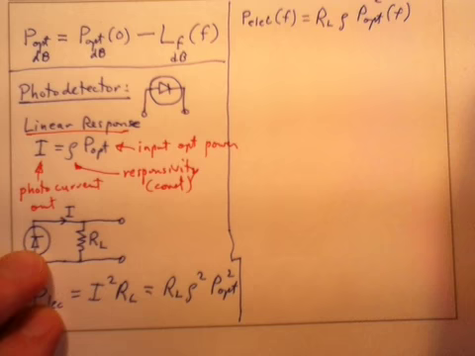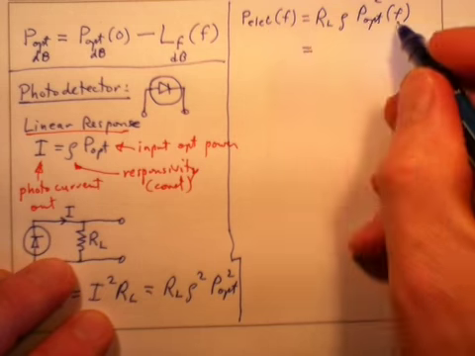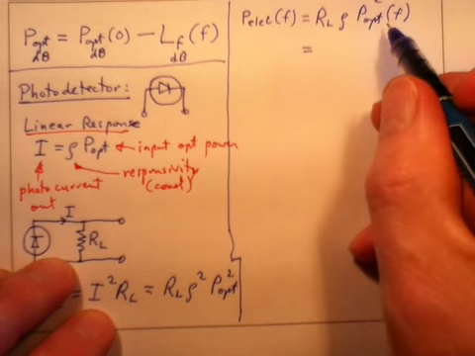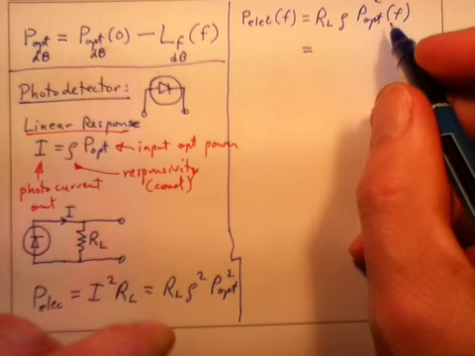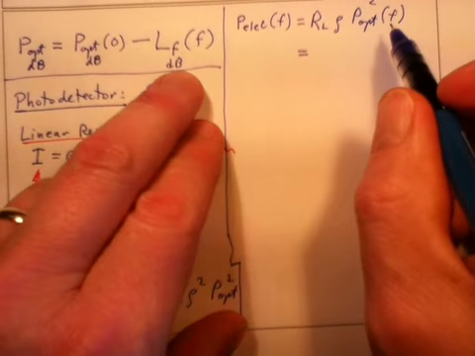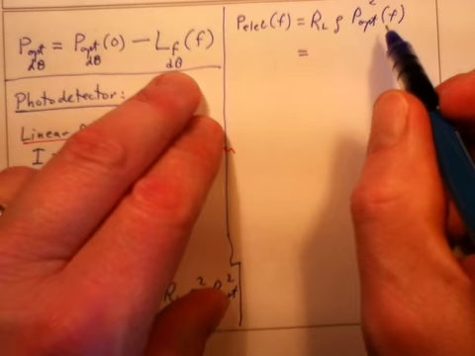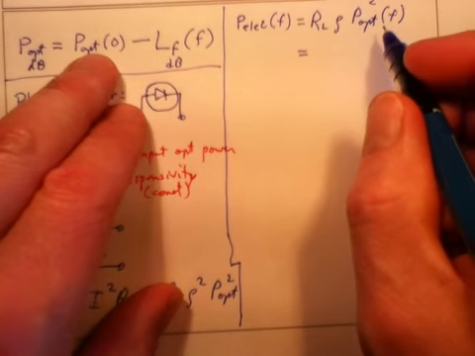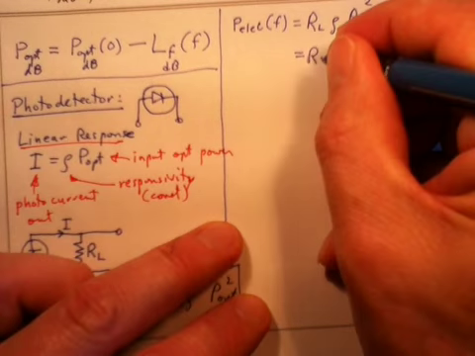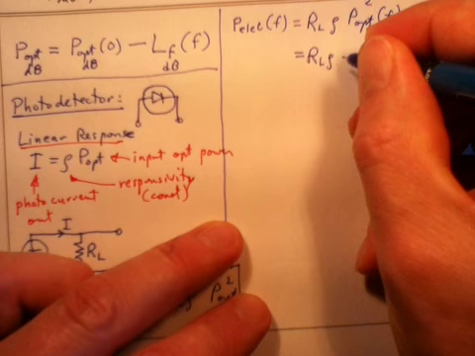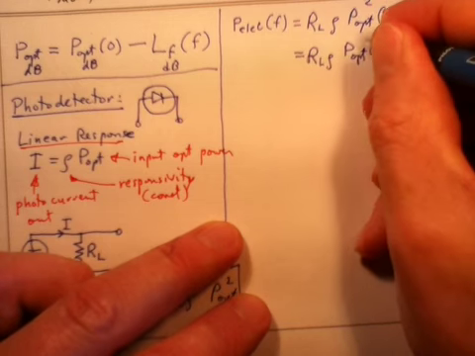And I'm going to write the optical power as the product of the optical power at zero frequency times the linear loss. So instead of a decibel value minus a decibel loss, I'm going to have a linear value times that loss value. That comes out to be rho, and now P opt at zero frequency squared.